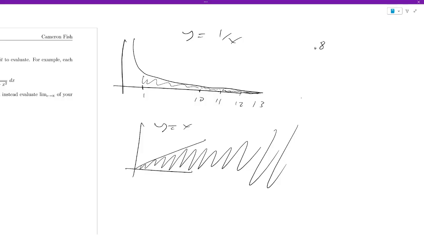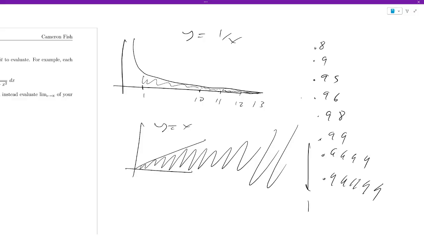Maybe you'll have 0.8, then 0.9, then 0.95, then 0.96, then 0.98, and maybe you integrate out to 10 million and it really looks like you're getting closer and closer to a certain number, like 1 or something.